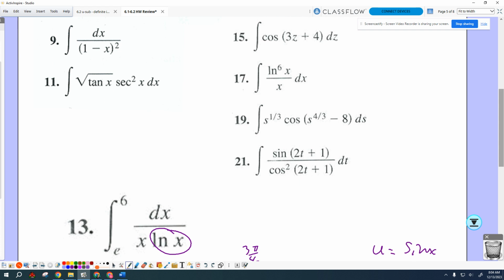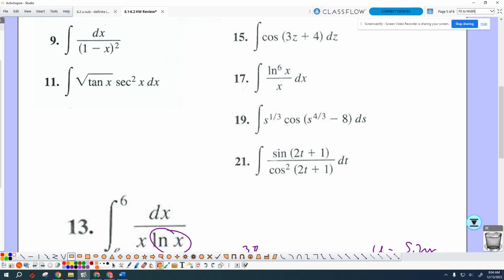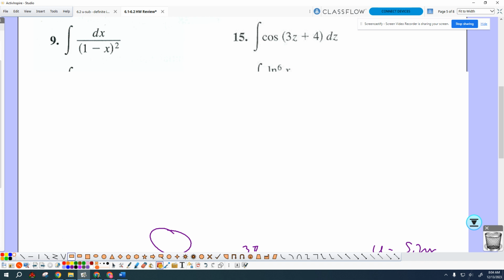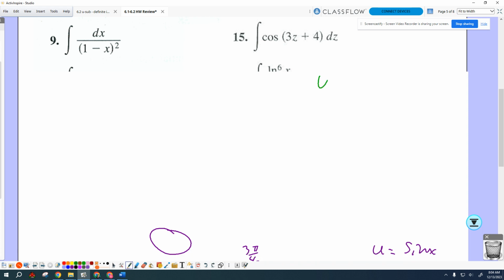Negative, equals 1 over u squared du. Is that correct? The form is 1 over u squared times du. What did you choose as u? 1 minus x, so du is negative 1.